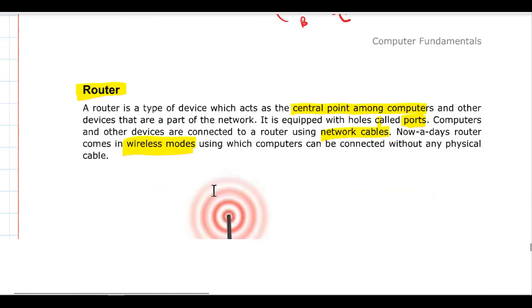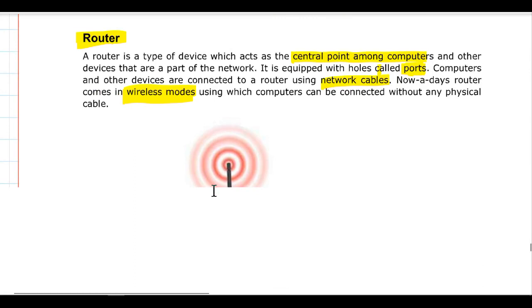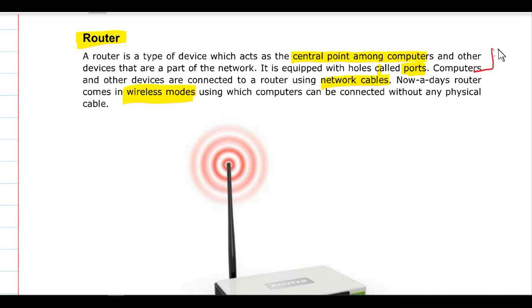Another component that we need to discuss is the router. A router is a type of device which acts as a central point among computers and other devices that are part of the network. It is equipped with holes called ports, and computers and other devices are connected to a router using network cables. It's the same idea that we have discussed for a switch.